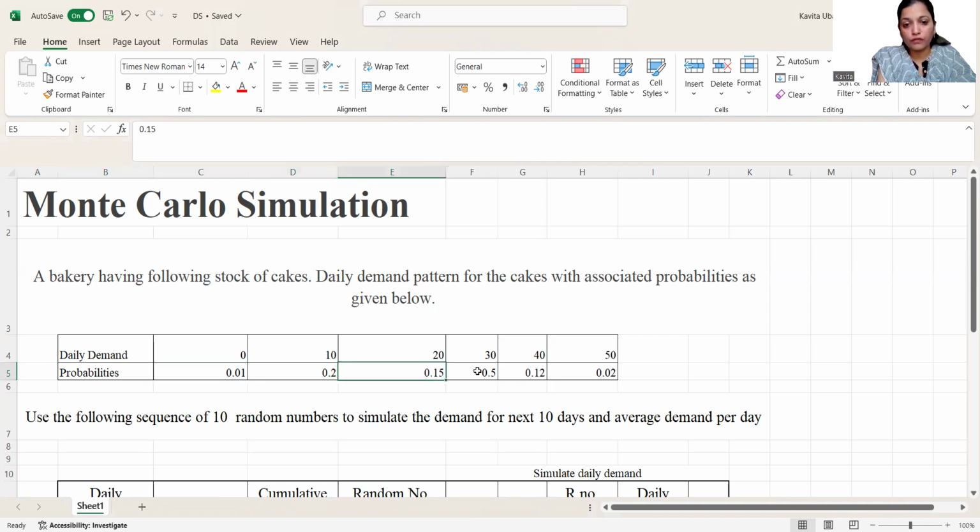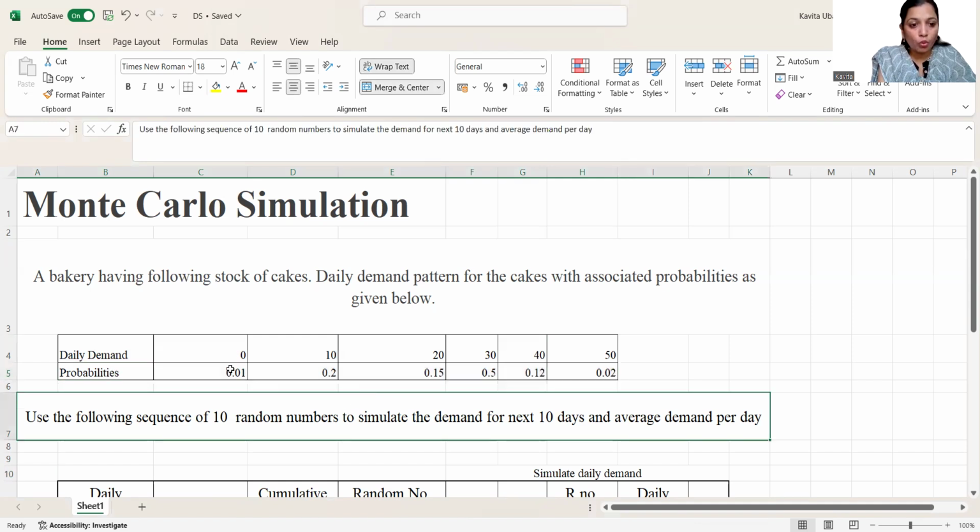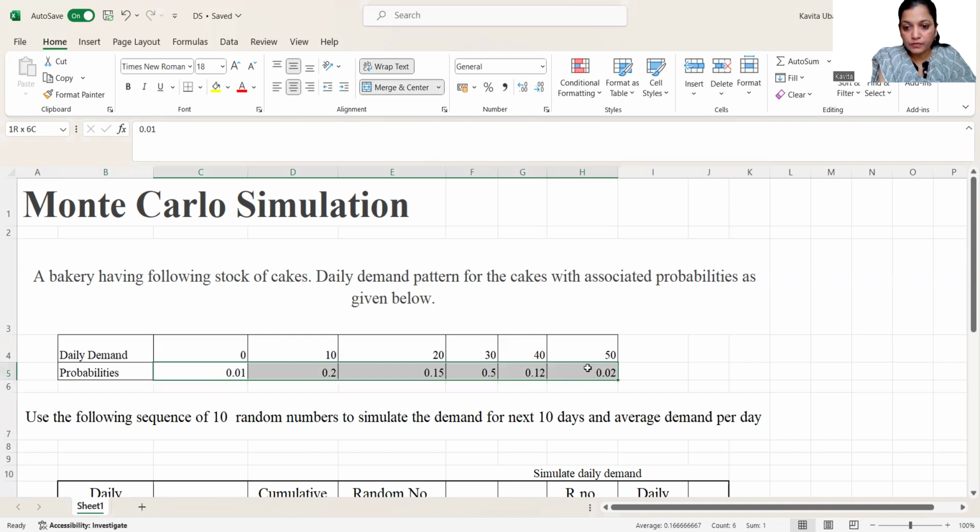Always the total of all these probabilities, in the fifth column, must be equal to 1, because probability is never negative. It always lies between 0 and 1. Probability is never more than 1.